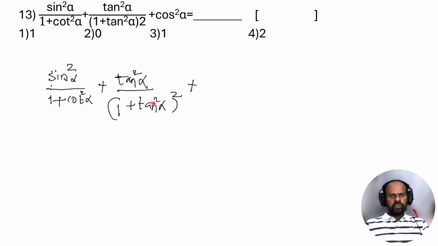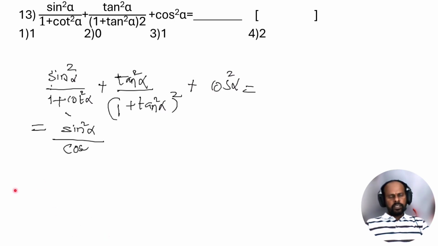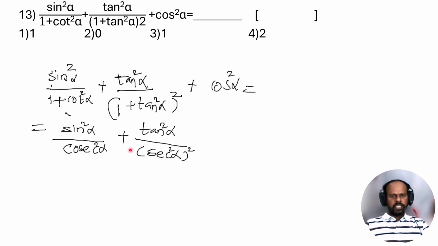By using the identities we can simplify this problem easily. Sin square alpha as it is; 1 plus cot square alpha, its identity is cosec square alpha; tan square alpha as it is; 1 plus tan square alpha is sec square alpha, this is the identity; and the last one I am writing as it is.